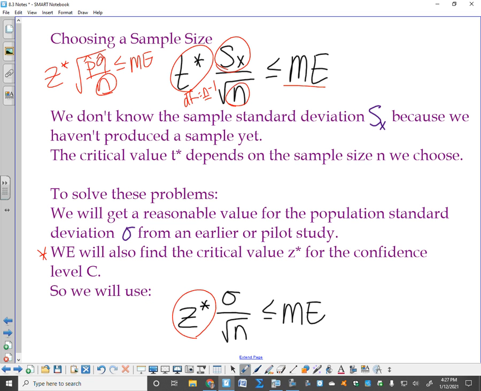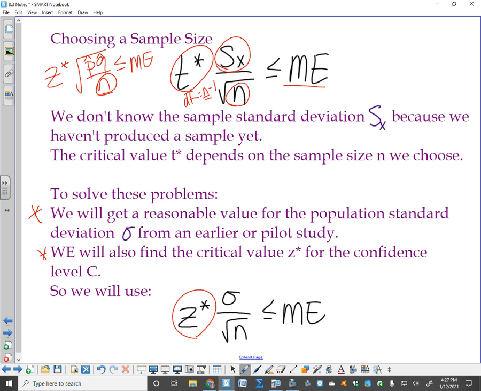It's a good substitute. We will get a reasonable value for the population standard deviation from an earlier or a pilot study. So they're going to say, last year we got this data. Well, that's the standard deviation we're going to use. Or, hey, this other company did it and they got this. Well, we're going to borrow their standard deviation.